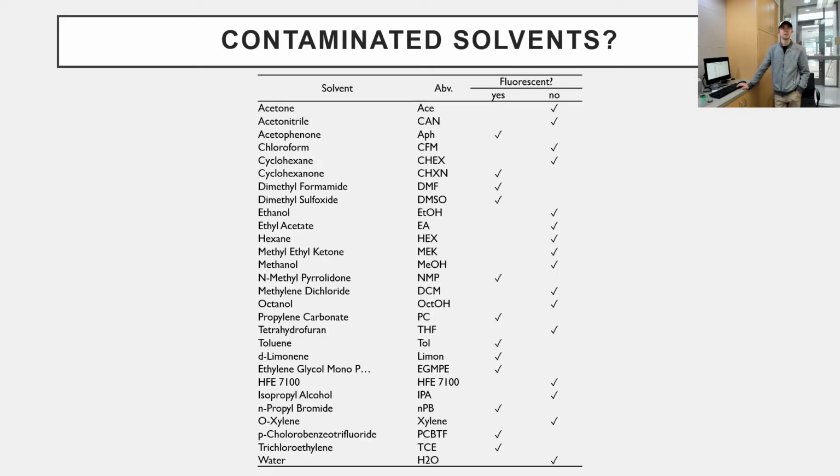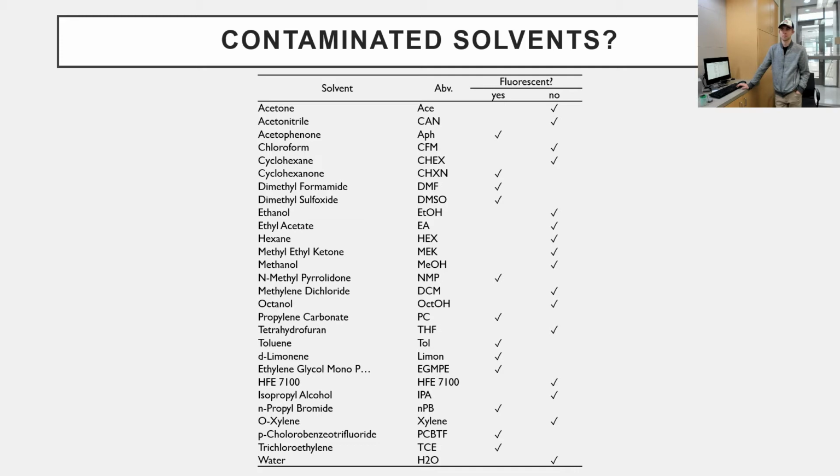This is just the list of solvents that were fluorescent. It says contaminated, but they may not be. It may just be the fluorescence of an antioxidant, BHT, butyl hydroxytoluene. It's a toluene molecule.